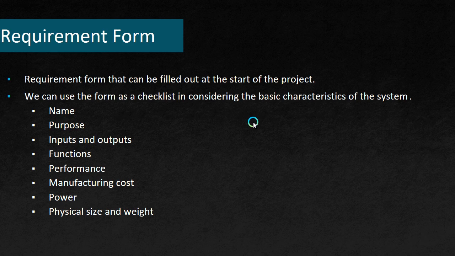Purpose: it should be a brief one or two sentence description of what the system is supposed to do. Inputs and outputs: this means the types of data, data characteristics, and types of input-output devices.